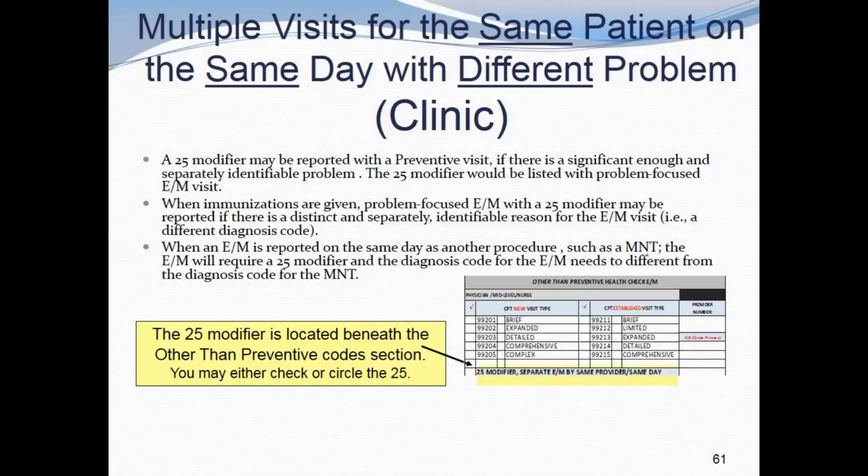I don't know why I don't put that on the PEF, but I don't. And it's right below those visits. That's where your 25 modifier is. And when you put that on the PEF, the clerk should know that it just attaches to the actual CPT code, so it would be a 99211-25 if the clerk was putting it in the system, just so you know.